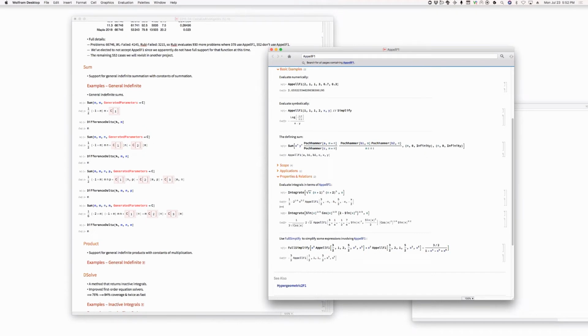So let me just ask you, with respect to AppellF1, what should be involved in? I mean, I don't quite understand. Is this something where, for example, the coming attraction of function evaluation is surely machine learning stuff, where we basically, just like, 30 years ago, we started using these economized rational approximations that other people hadn't used for function evaluation.